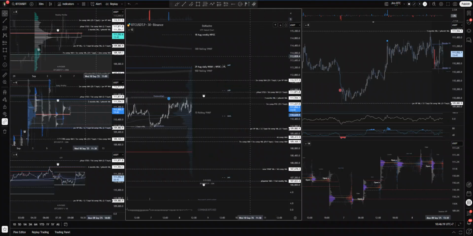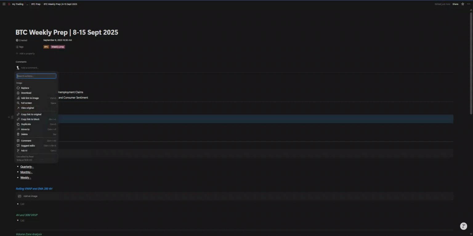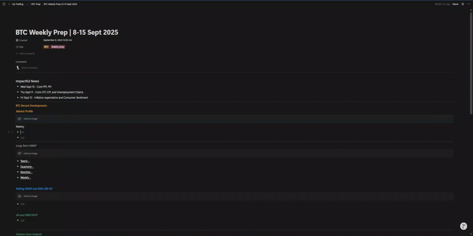Okay, so this is the key levels that we have marked for this week based on the market profile. Okay, so on weekly we are rotational. We created 2-week composite value area from 25th of August to 7th September.